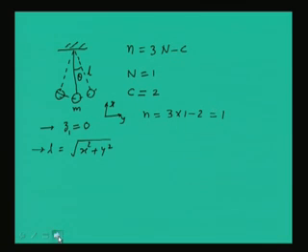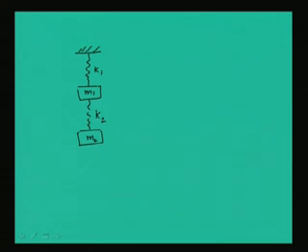Take another example in which, let us say, we have two masses. One mass is attached with a spring having stiffness K1, this is the mass M1, then another mass is attached below that having mass M2 and stiffness K2.